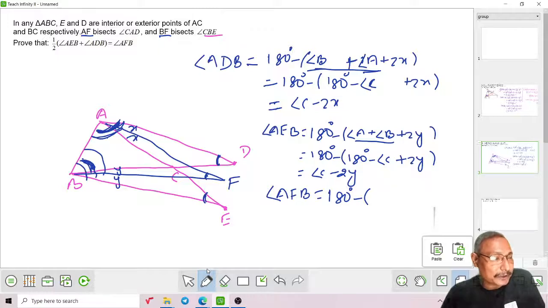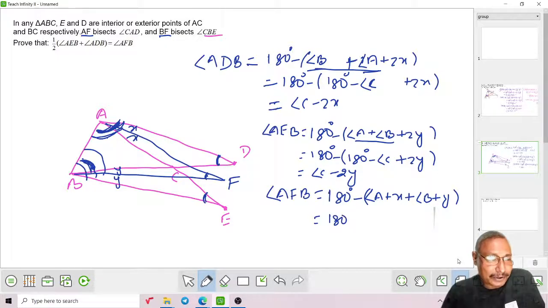This angle is equal to A plus X, and this angle is equal to B plus Y. So angle A plus X plus angle B plus Y. Doing the same work all the time, A plus B can be written as 180 degrees minus angle C, plus X plus Y. Now when we open the bracket, it will be equal to angle C minus angle X minus angle Y.